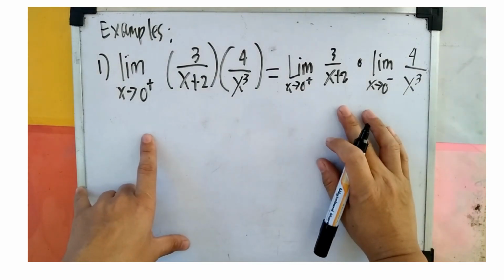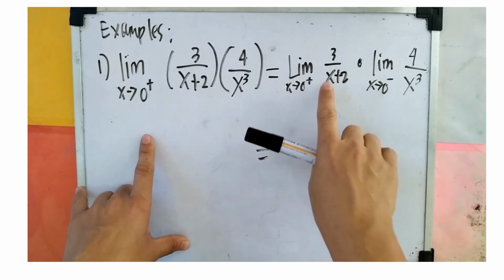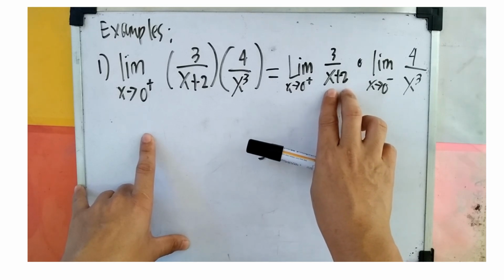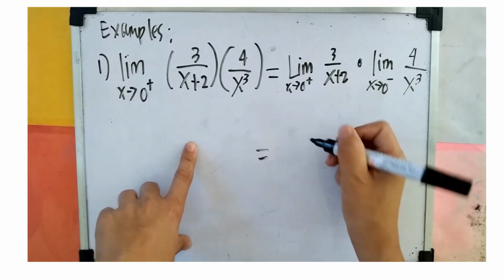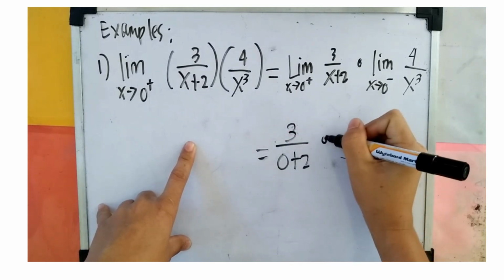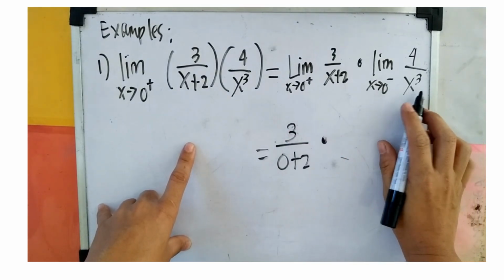Yung theorem, class, always remember, hindi siya pwede ma-apply dito kasi may katabi pa siya, may another term pa. So, what will you do with the 0? Substitute. 3 times 0 plus 2. Tapos, dito lang siya ma-apply.